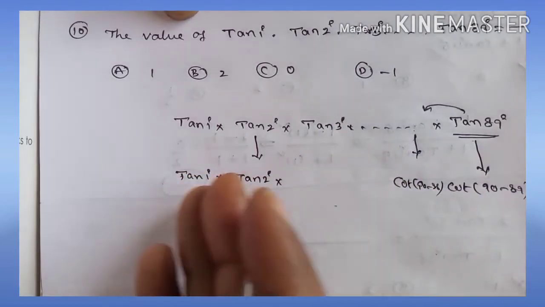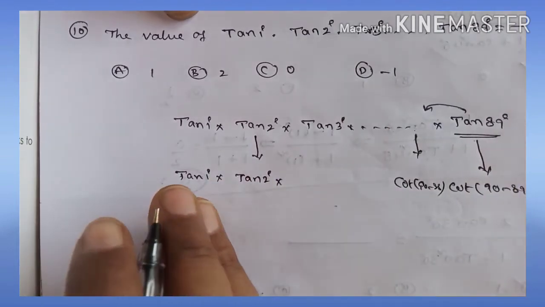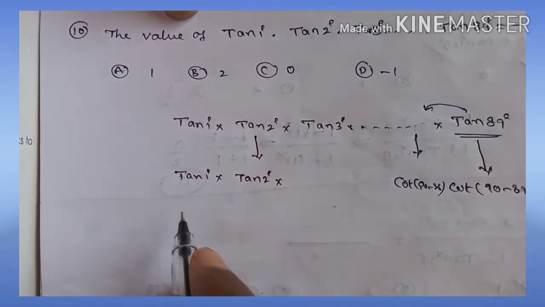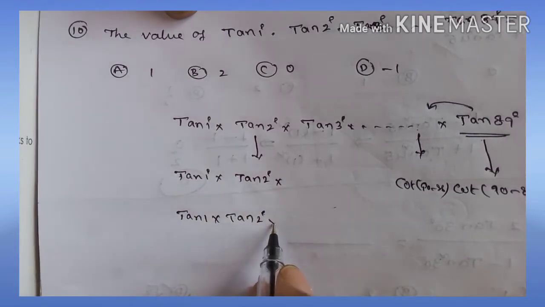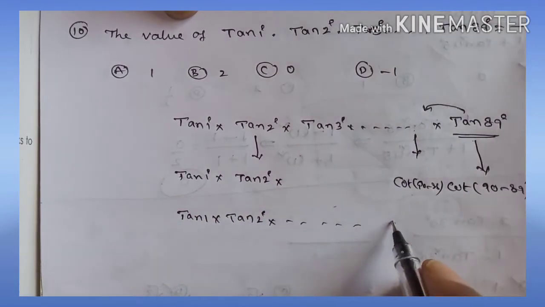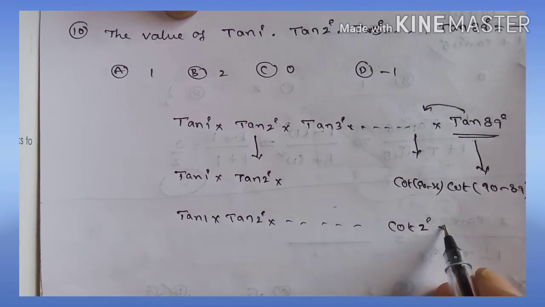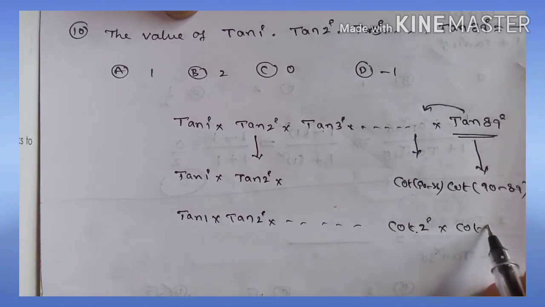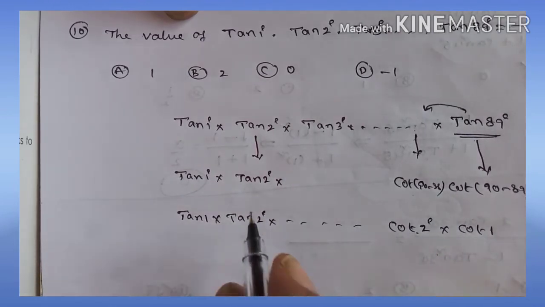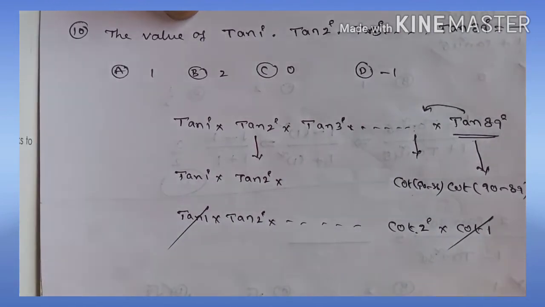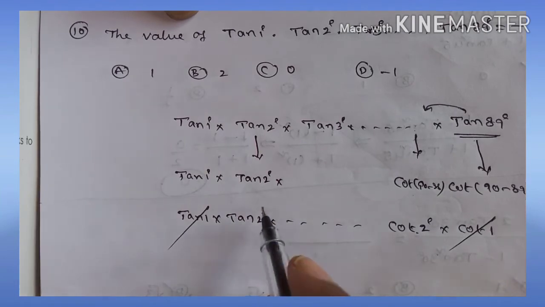Like that, if you have to write all the terms from the right side and left side. So here the remaining values are tan 1 and tan 2, like that and so on. Last one will get tan 2 and also cot 2 and cot 1 and so on. Like that all the terms you will get. Here tan 1 and cot 1 both get cancelled because both are reciprocal.